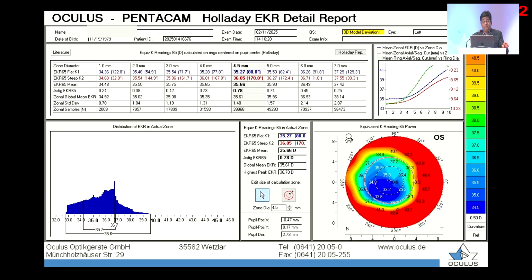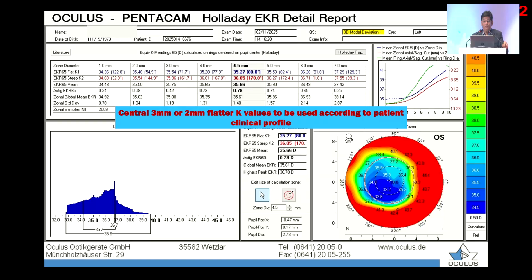Of course, one very important map is the EKR detailed report. So what it does is it shows the distribution of K readings in these patients, like a patient of post-refractive surgery or post-radial keratotomy, by bringing in a corrective factor compared to the normal. And this is then, if there are zones which are like 2, 3 or 4.5 millimeter zones.